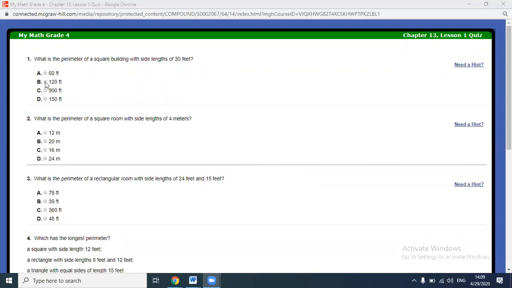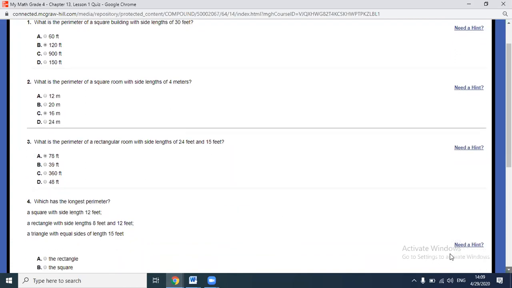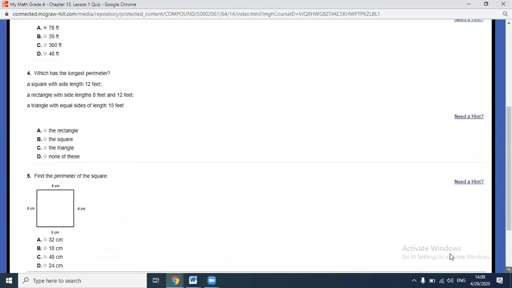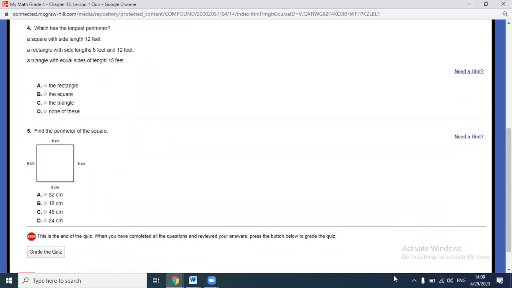As we did, this one was 120 to check our answer, and this was 16 to check the answer. Okay, and then now number 4 and 5.